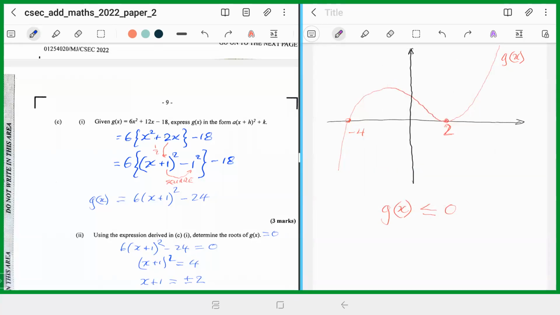Somebody online tell me, where on the graph is this inequality referring to? G of x less than or equal to 0. Where is it referring to? Nobody online is telling me. Somebody in class tell me. Huh?